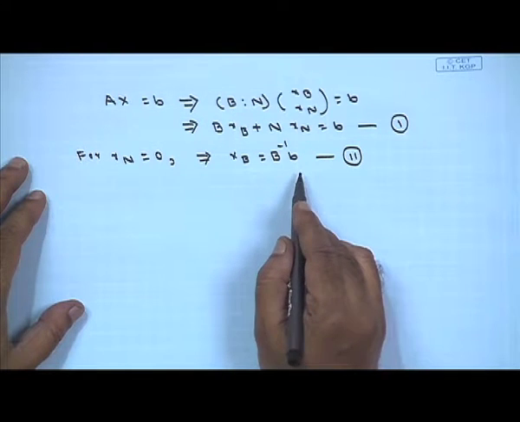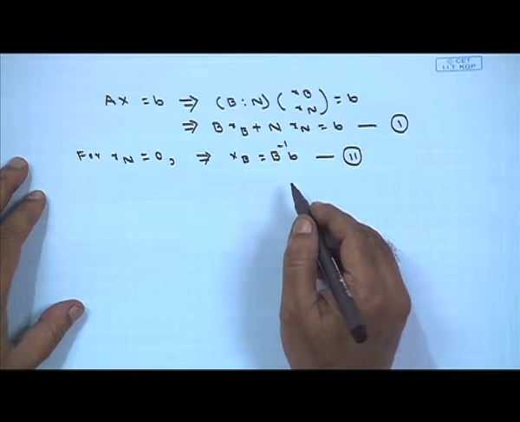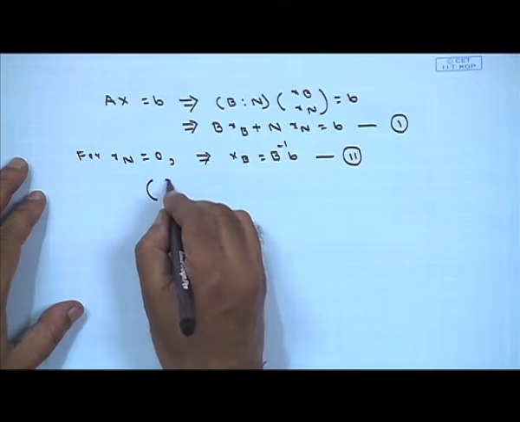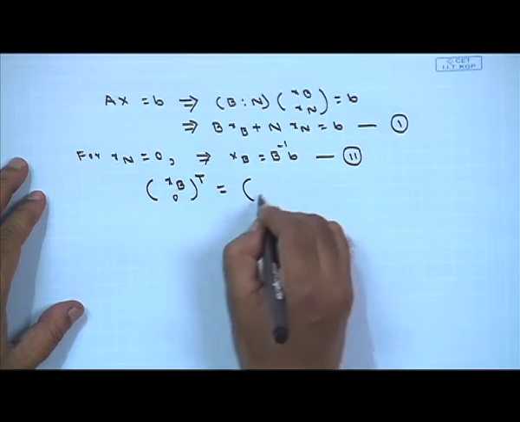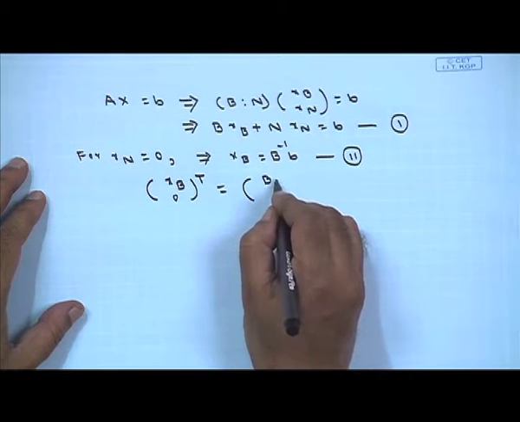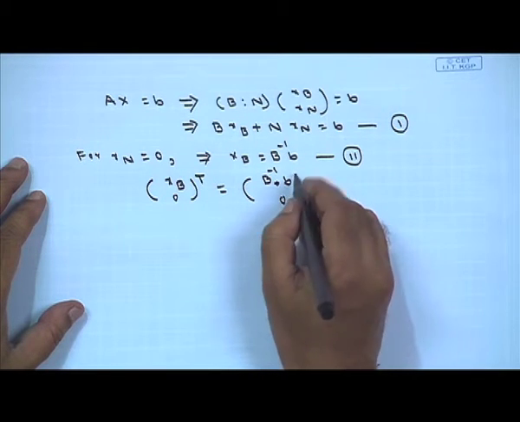Your xb is B inverse B, and since it is the basic solution, you can write it in the form xb, 0 transpose, which equals B inverse B, 0 transpose.